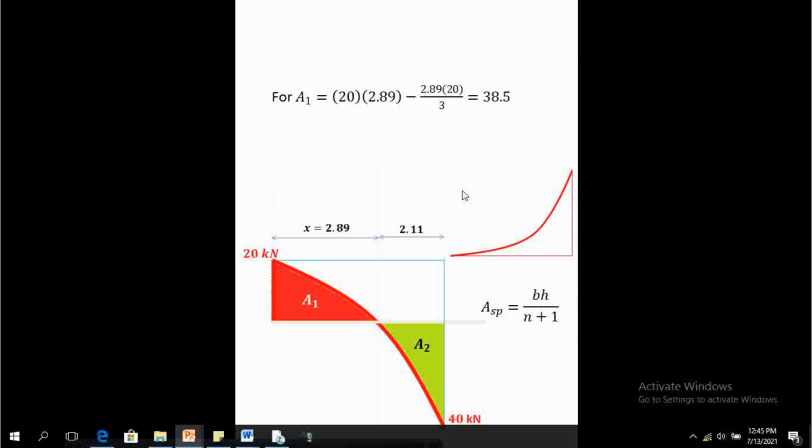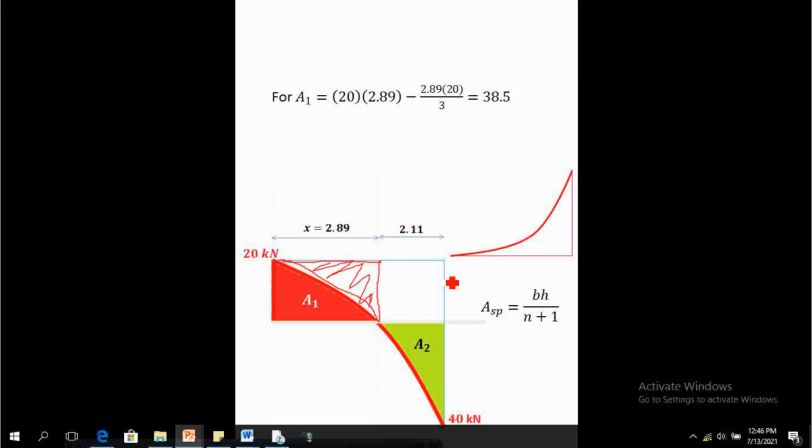For area 1, itong area 1 na to, pwede ko rin sabihin, this is also a spandrel. Itong part na to, spandrel siya.